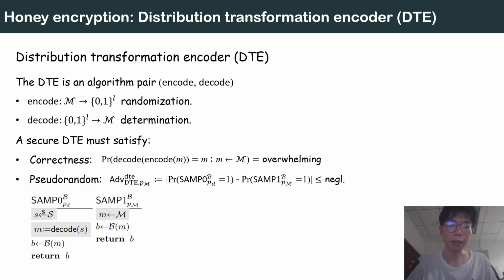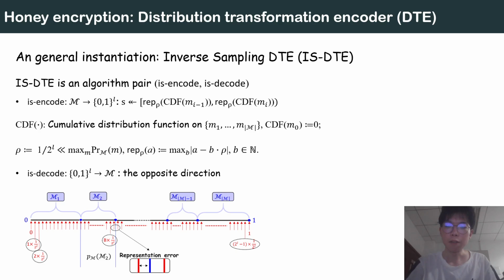A secure DTE must satisfy the correctness of encode then decode, and the indistinguishability between the distribution of binary codes obtained by randomly picking a message then applying DTE, and the uniform random distribution over binary codes. At Eurocrypt 14, Juels and Ristenpart first constructed the generic DTE using the inverse sampling technique, that is the ISDTE.